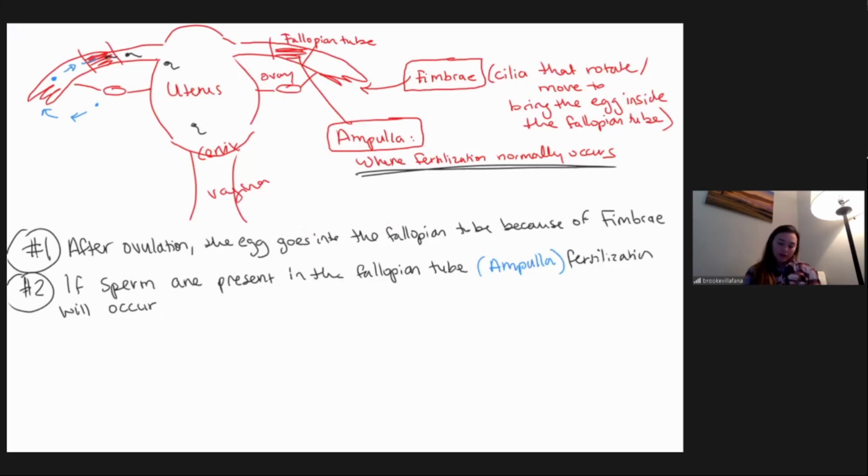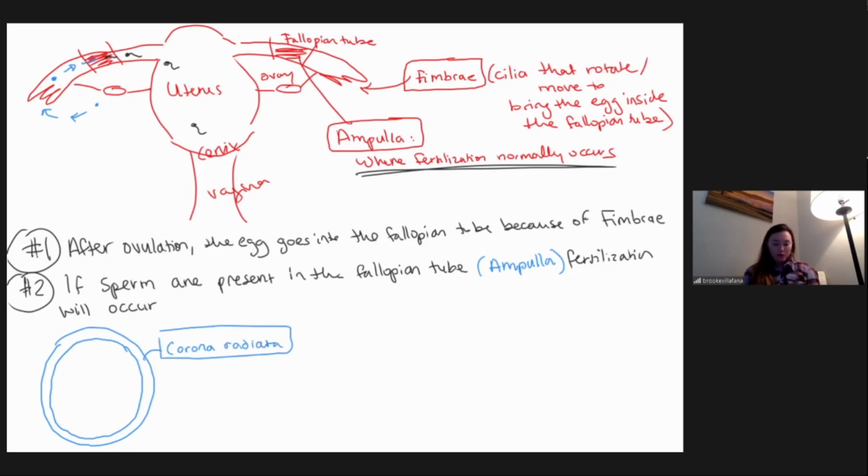Okay, so when fertilization occurs, it looks like this. So the actual egg itself has a few parts to it that you need to know. So there's this outer portion called the corona radiata, which is a protective outer covering of the egg.